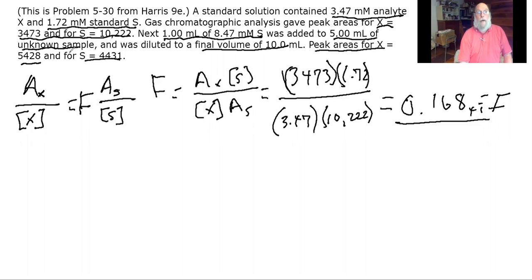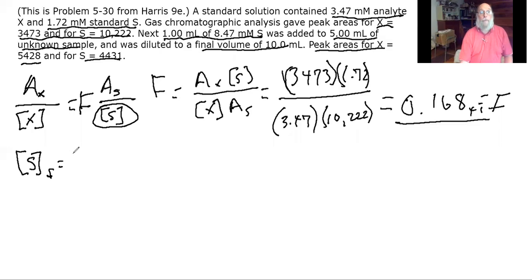And then we measured the peak areas. So what we want, first, we need to figure out what is our standard concentration in our final solution. I'll put a subscript there.